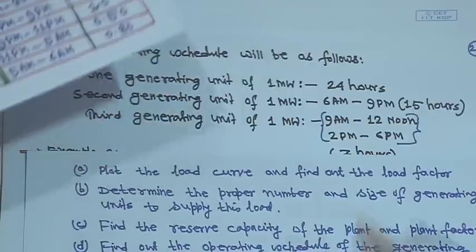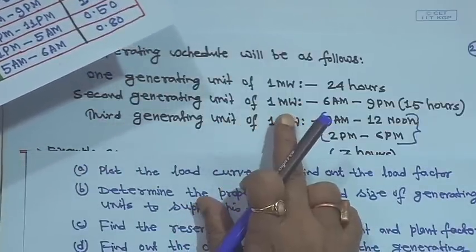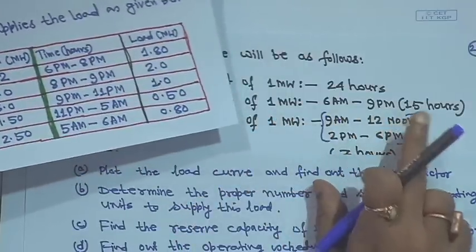And then the second generating unit of 1 megawatt is required from 6 am to 9 pm, that is 15 hours.